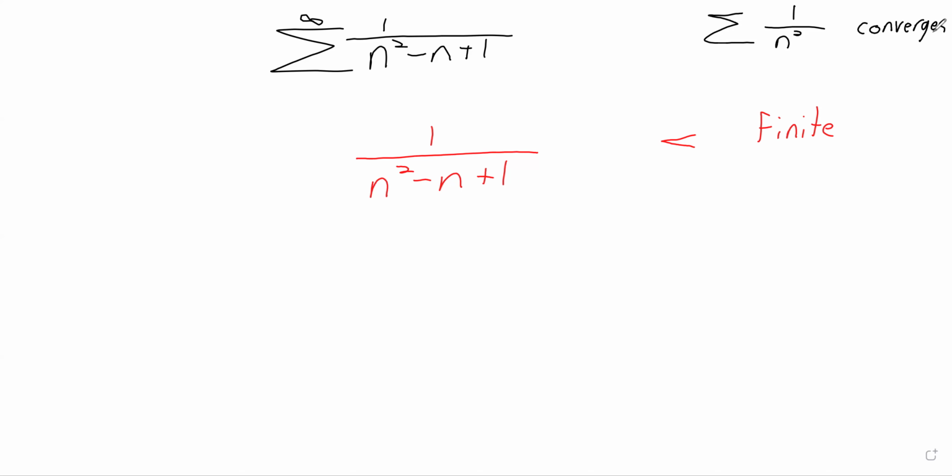I mean, we could figure this out with the comparison test, that if we want to make it bigger, we could get rid of the negative n, and we could do something to the 1. But the reality is that if we have this intuition, we'd rather use it. And the limit comparison test is a little less straightforward than the regular comparison test, but it lets you use your intuition directly.